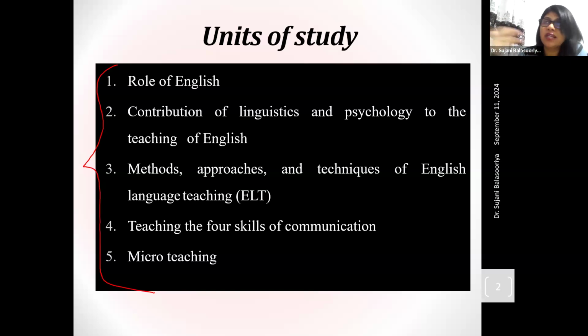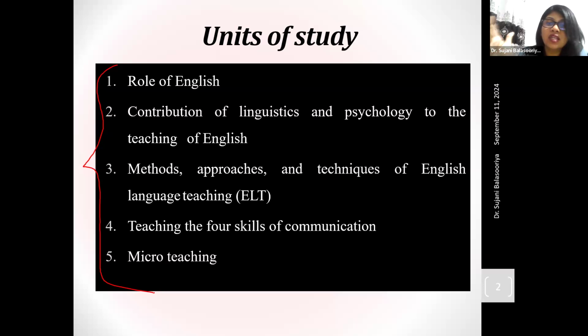But when you practically look at the situation of our country, there are so many programs, so many courses where we can find that English language is being taught under particular names like TESL, TEFL, TESOL.